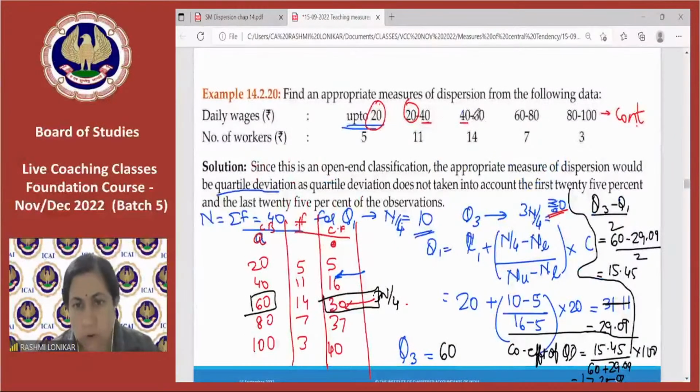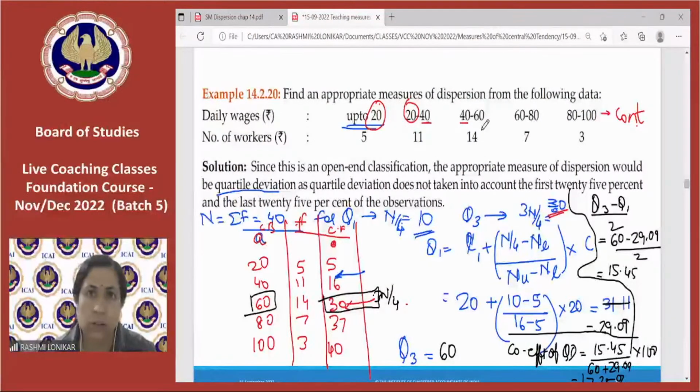If you did not follow how to calculate Q1 and Q3, just see my video of the last lecture. There we have done sums on how to calculate Q1, Q3, that is quartiles for the grouped frequency distribution.